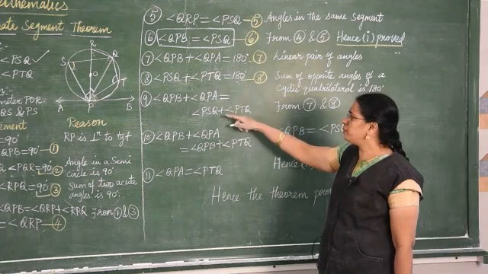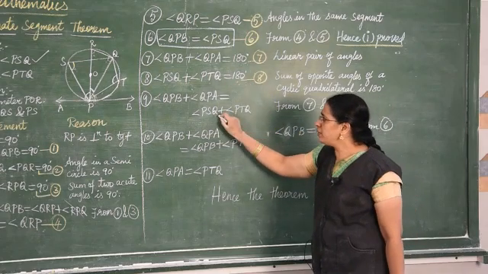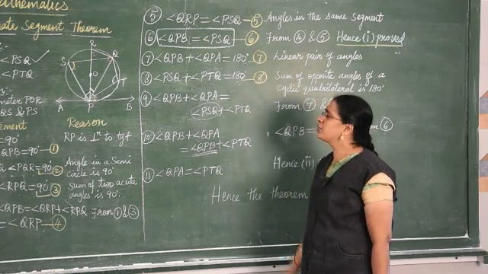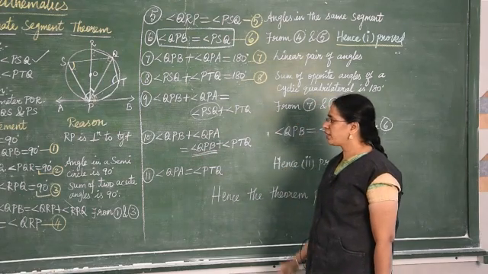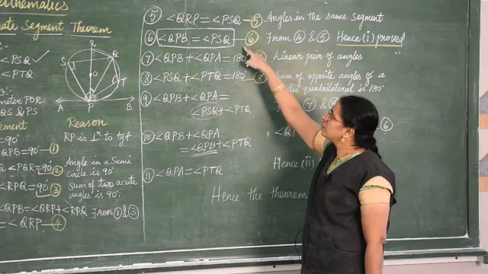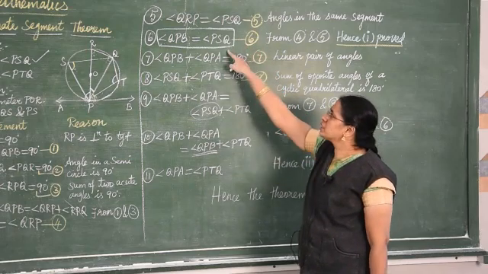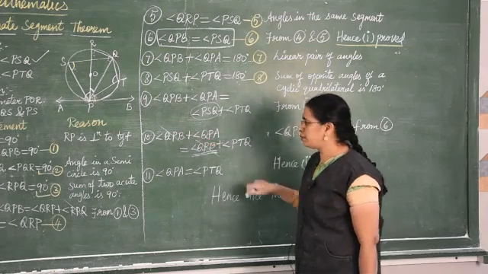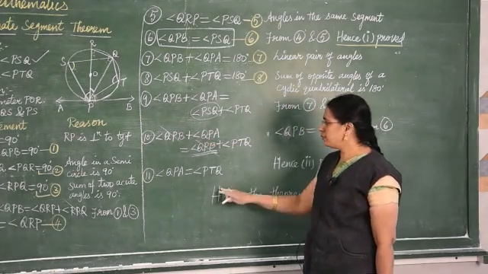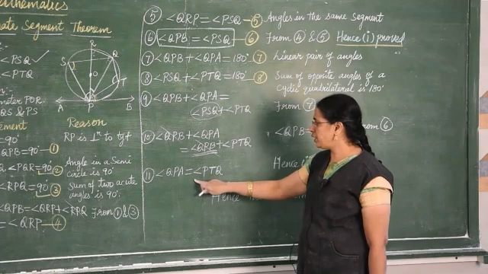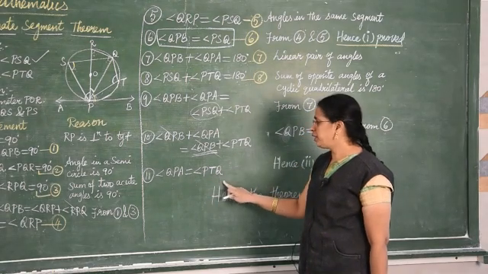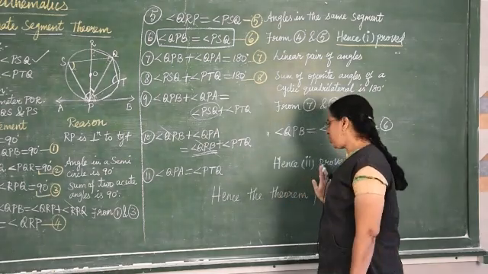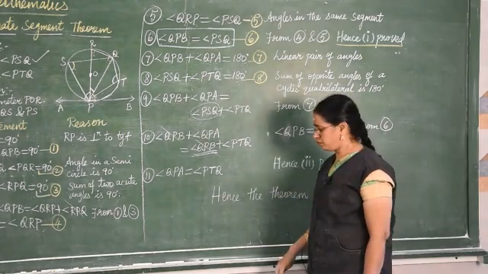So angle PSQ will be replaced by angle QPB, from result 1. Now angle QPB will be cancelled. The remaining is angle QPA equal to angle PTQ. That only you needed to prove. So the second one is also proved. Hence the theorem is proved.